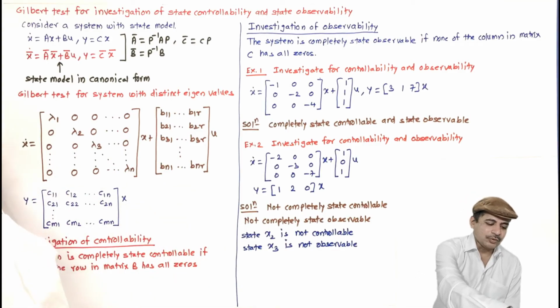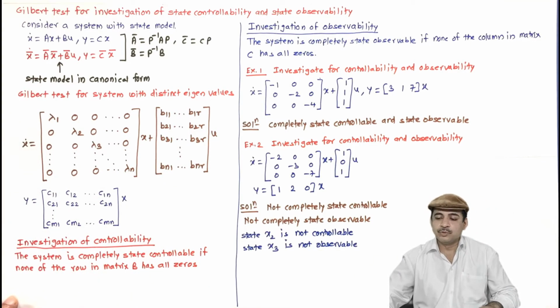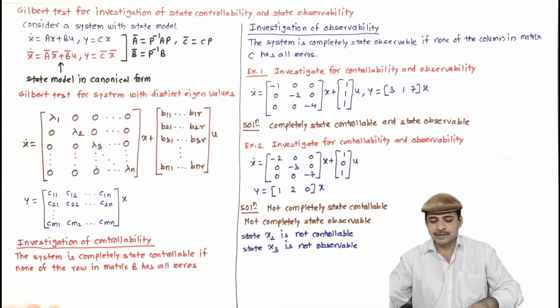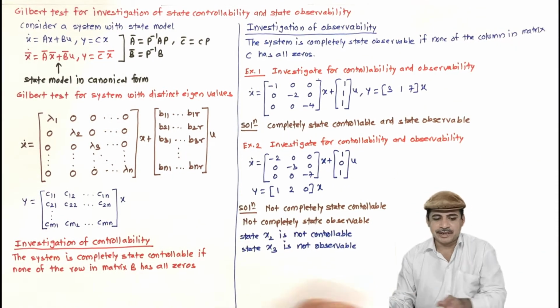Correct? Now what we will do? We will move for the concept of controllability and observability using Gilbert test for the repeated eigenvalues.